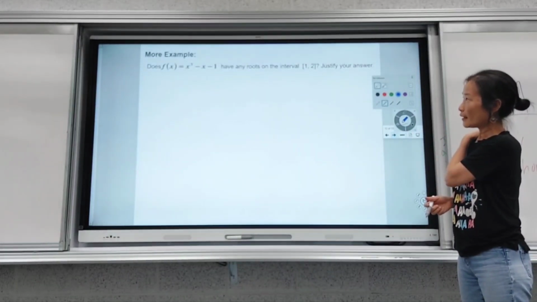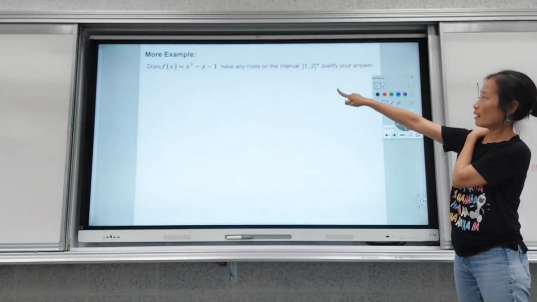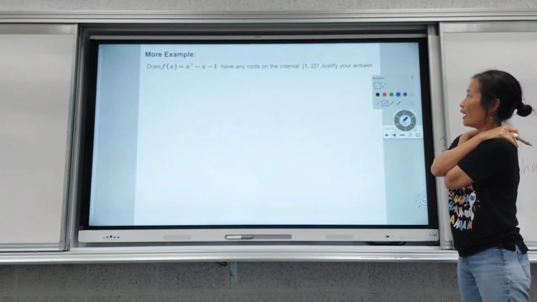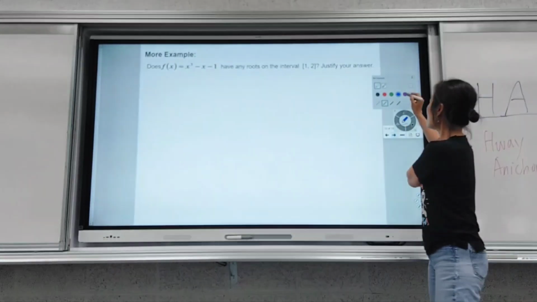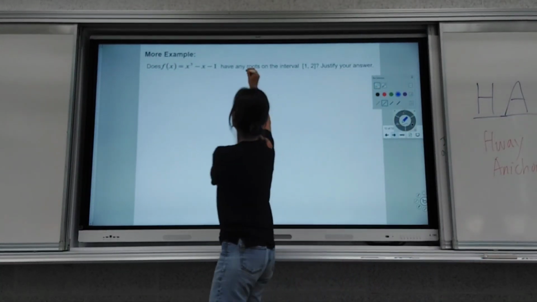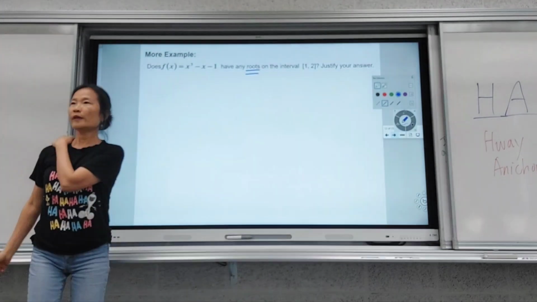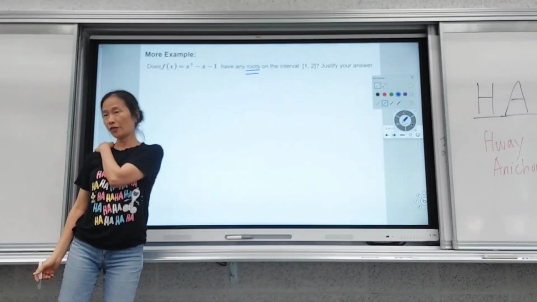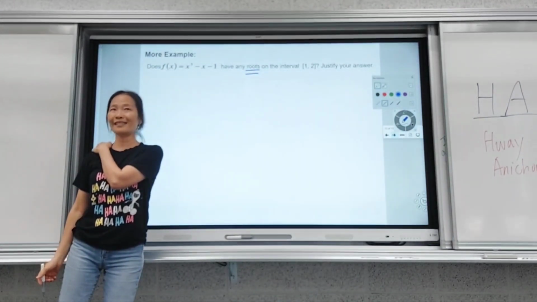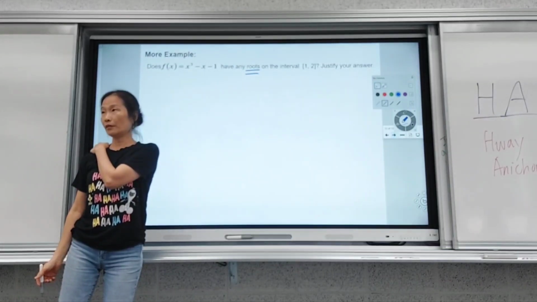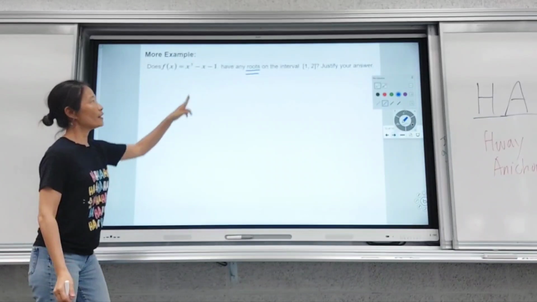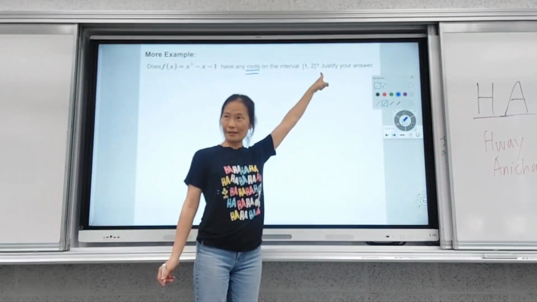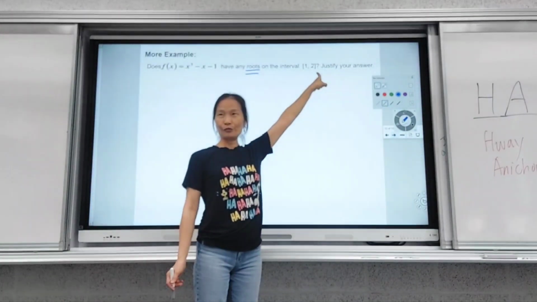Does f of x, which is x cubed minus x minus 1, have any roots on this interval? First of all, let's define root. When we find the root of a function, we are finding x-intercepts, finding zeros. I'm asking you, is there a 0 in this interval 1 to 2?